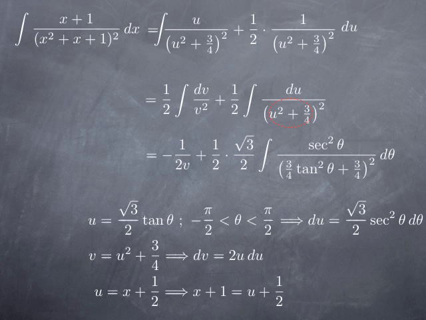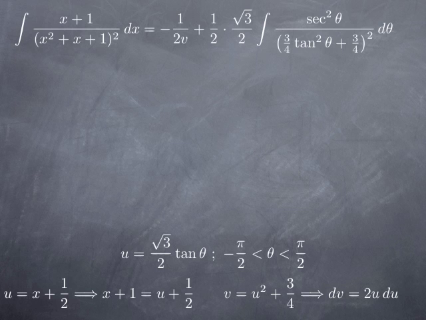Of course, this is the integral of v to the -2, so you get v to the -1 over -1. In other words, -1 over v. When multiplied by 1/2, you get -1 over 2v. Then we have 1/2 multiplied by √3/2, and then we have a secant squared at the top, and at the bottom, inside the parentheses, 3/4 tangent squared theta plus 3/4, all that squared.